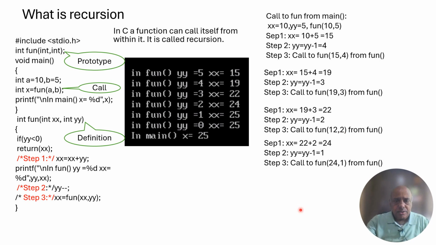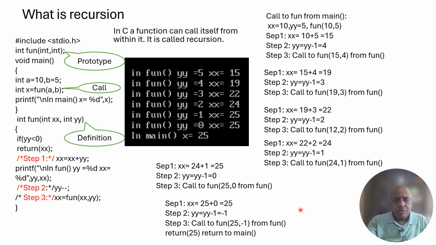In this way, the function will go on executing, and a stage will come when yy is equal to 0, but since we have given a condition that when yy is less than 0 the function should return, the last call to the function with xx equal to 25 and yy equal to 0 will cause xx to be 25 plus 0, and yy will become minus 1.